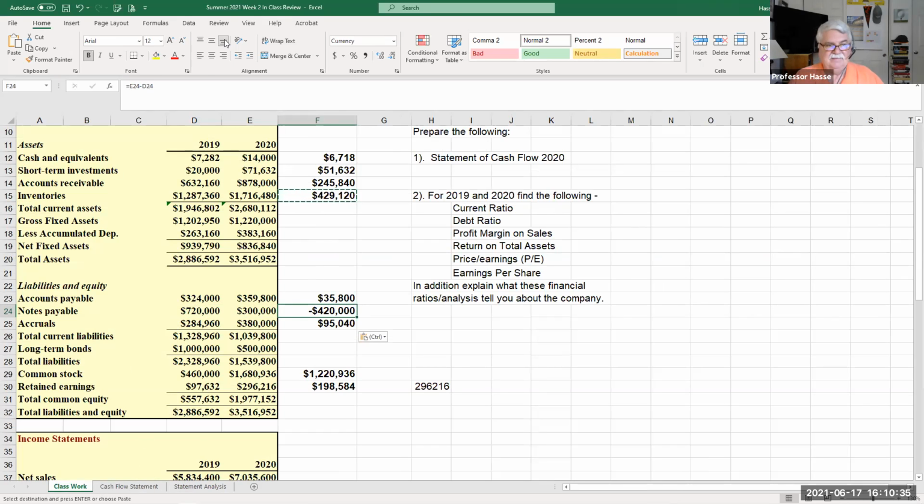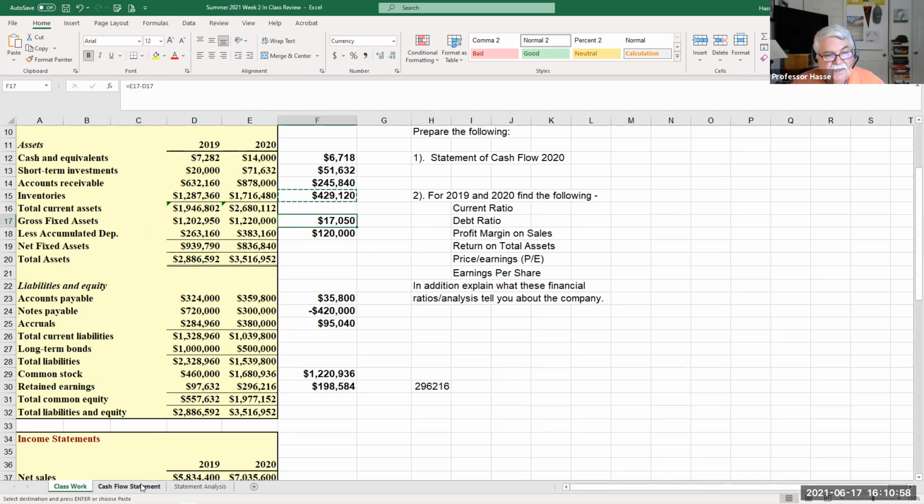Look at these other assets. Our long-term assets, gross fixed assets or plant and equipment, increased by $17,050. That means we purchased $17,050 more of additional assets.